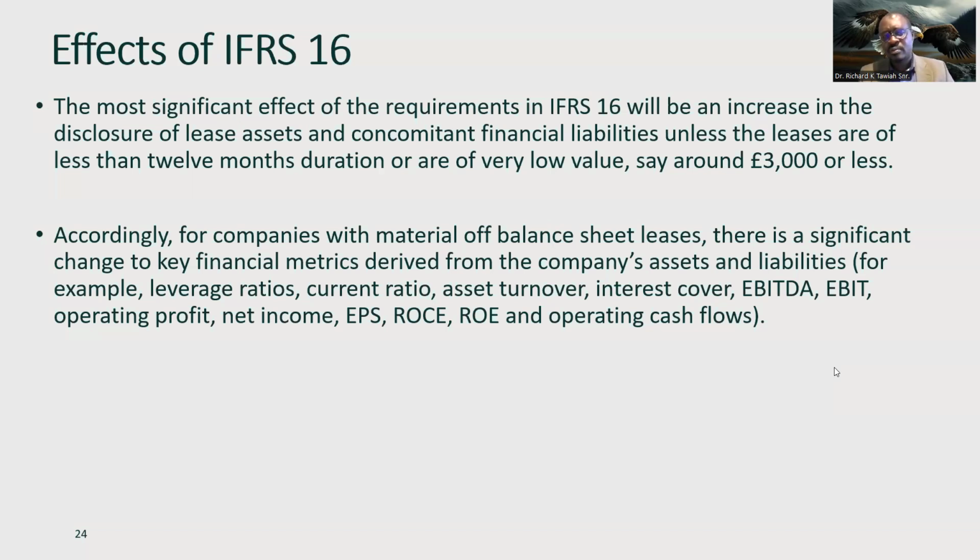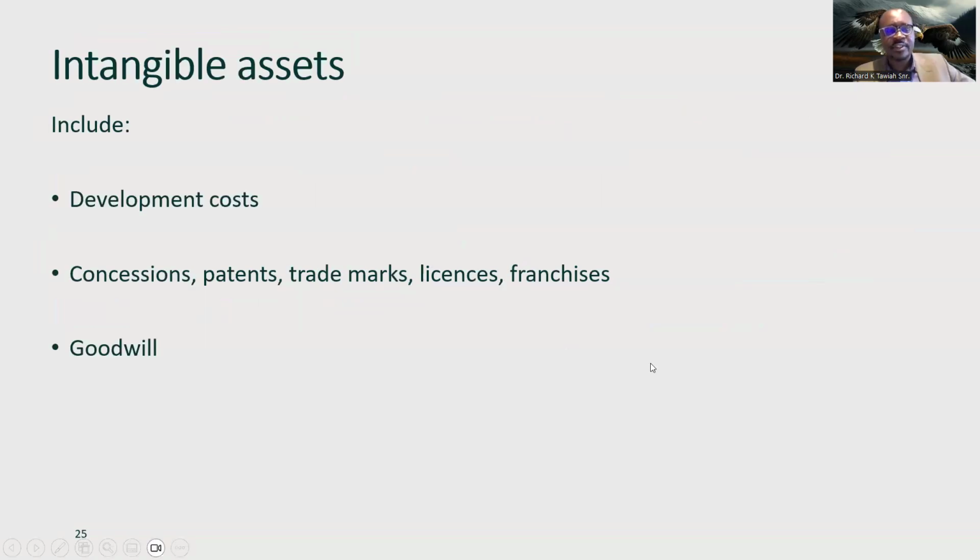For example, leverage ratios, current ratios, asset turnover, interest cover, EBITDA, EBIT. Why? Because the lease agreement affects all of these. So when there are these items off balance sheet, they would affect them, and so your audit will have to go a bit further. At your level, I don't think anyone will test you on these balance sheet items.